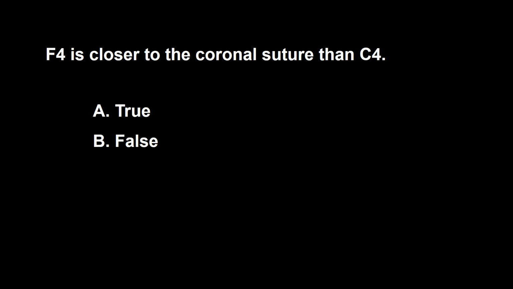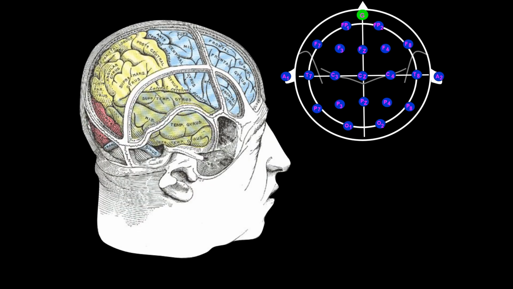The next question is, F4 is closer to the coronal suture than C4. A true, B false. By now I think that you have a good mental picture of this figure. It depicts the placement of surface EEG electrodes using the 10-20 system. I placed this new figure in this frame because it gives you a good perspective of the cerebral structures in relation to the sutures.